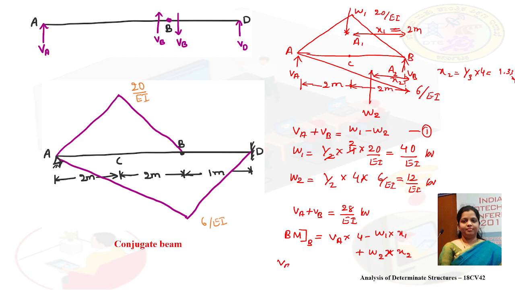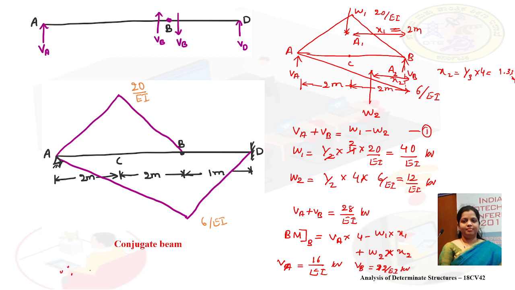So substituting the values of W1 and W2, we will get VA as 16 by EI kilonewton and VB as 12 by EI kilonewton.